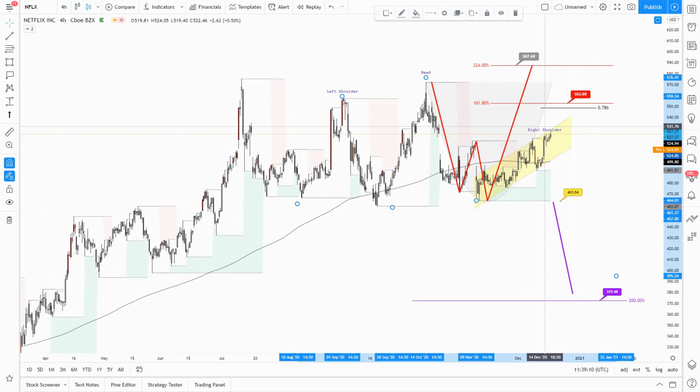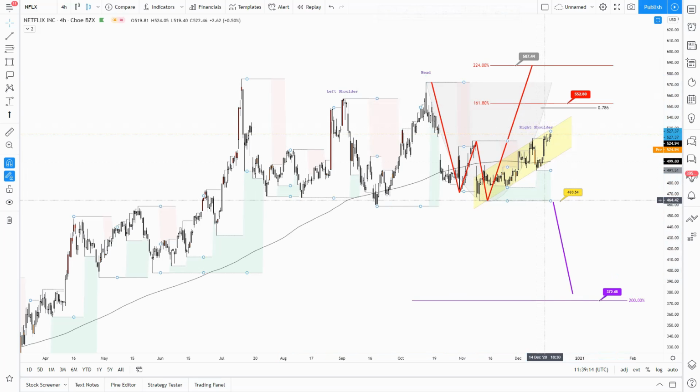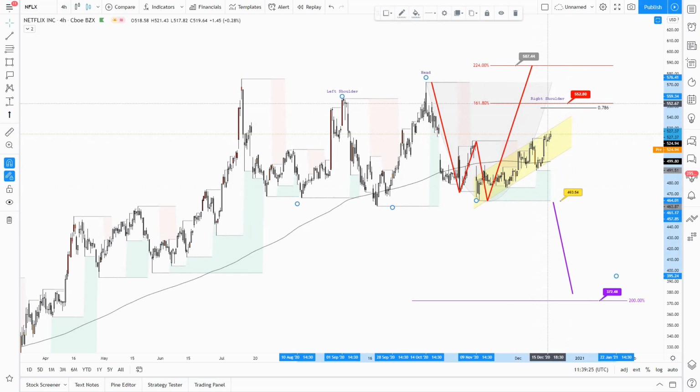If the market decides to violate this previous structure support without achieving those levels, I will consider this as a right shoulder already formed. But let's see how the market will react to this false breakout below, because we are also threatening the previous structure resistance.